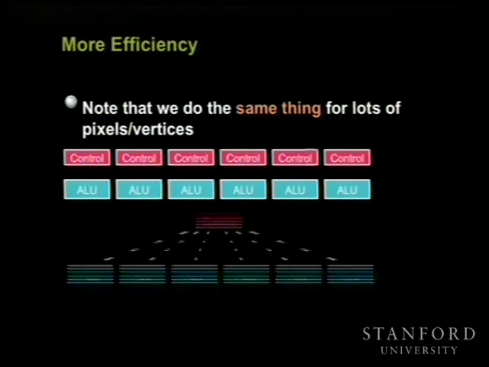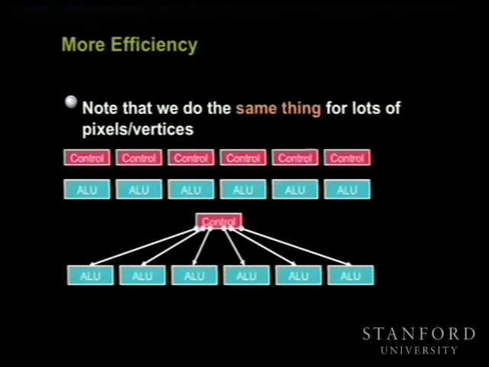But for more efficiency, and because you know that you're going to be doing the same thing over and over again, what you can actually do is share the control part of the hardware between lots of ALUs, arithmetic units, and that means you can have pretty big savings.